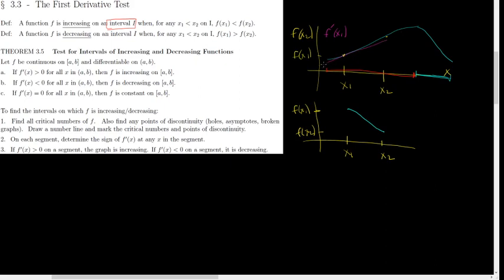What would be the slope of this line? Maybe 1/3, 1/2, something, but it's definitely positive, greater than 0. So at least at this point, we can say that the function is increasing.